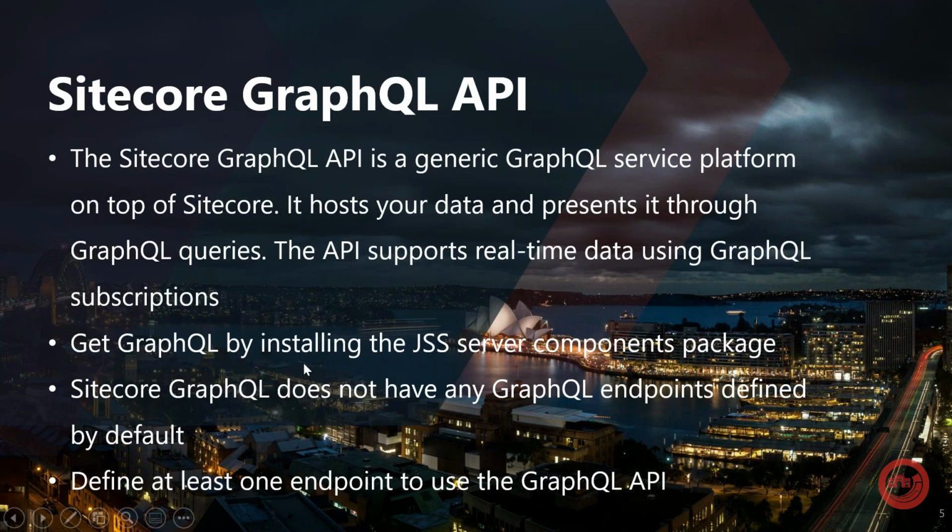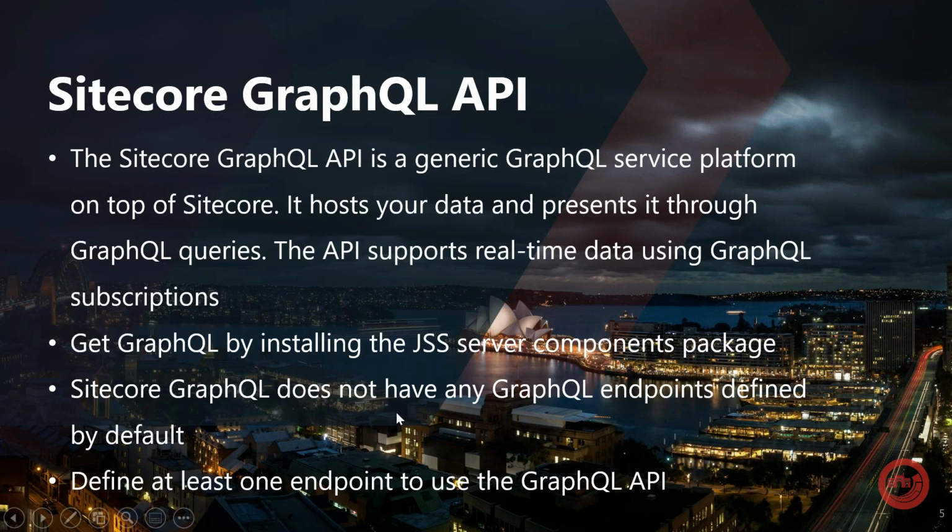You get GraphQL by installing the JSS server components. As I mentioned, it's already integrated into Sitecore through the JSS server component. When we install the server JSS component, it will be there, but we need to do minor configurations to enable it.